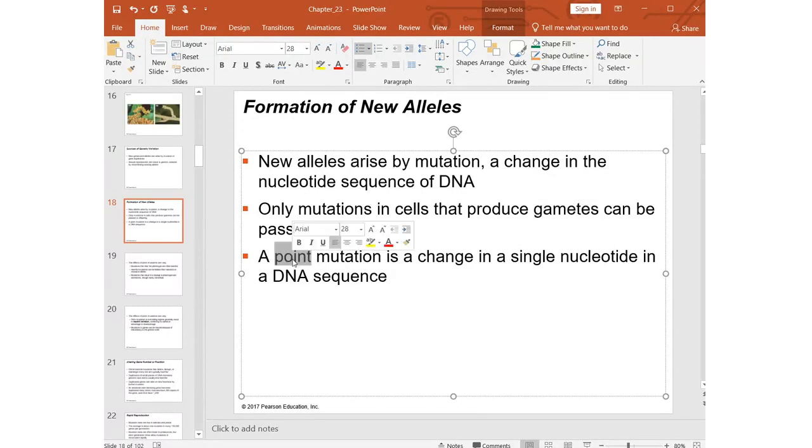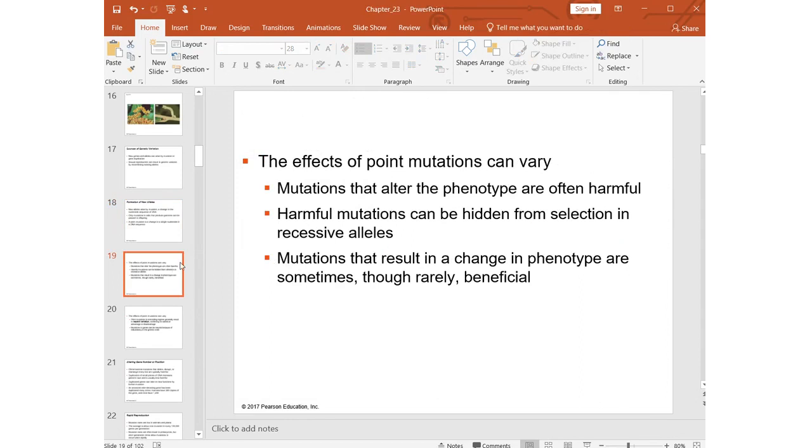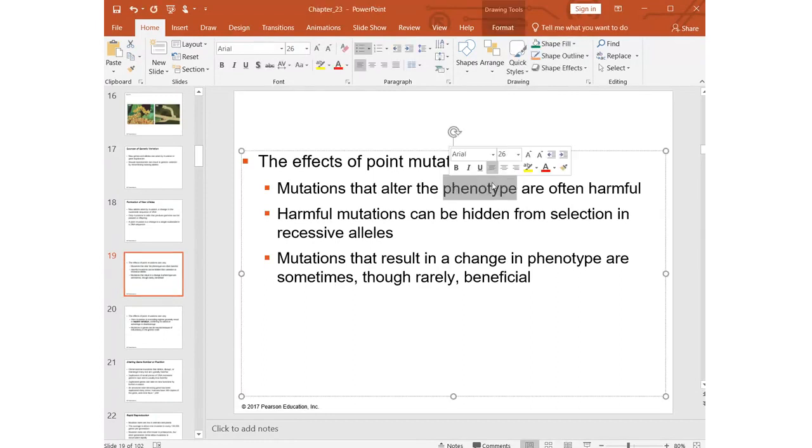A point mutation is a change in just one single nucleotide in a DNA sequence, and that's the most common type of mutation. Point mutations that change the phenotype are often harmful. A lot of times they're harmful. In fact, they're more often harmful than helpful.